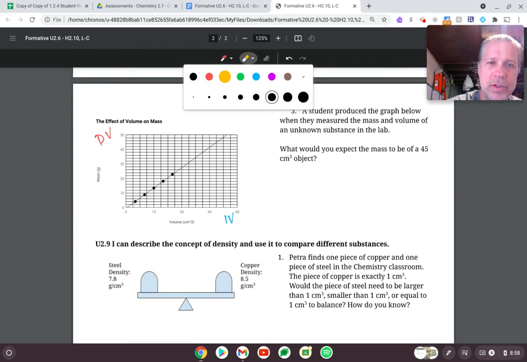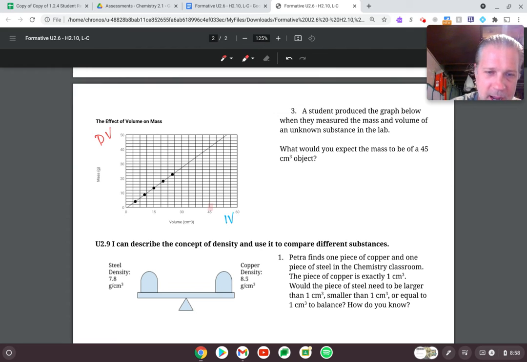So I'm going to use my highlighter, and I'm going to highlight 45, go up, and go over. And what I'm actually seeing is that each of the increments on the graph goes by 2. So it's like 2, 4, 6, 8, 10.